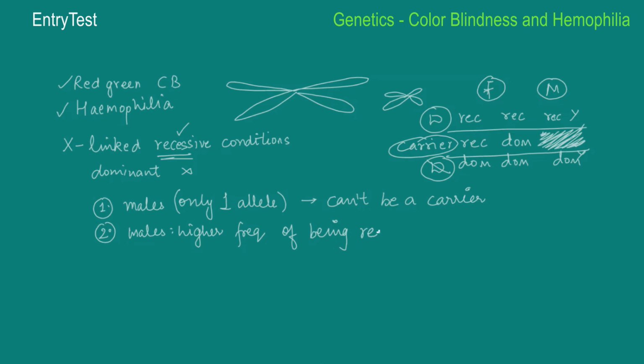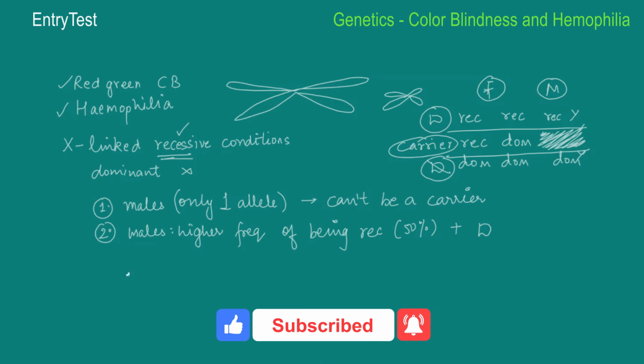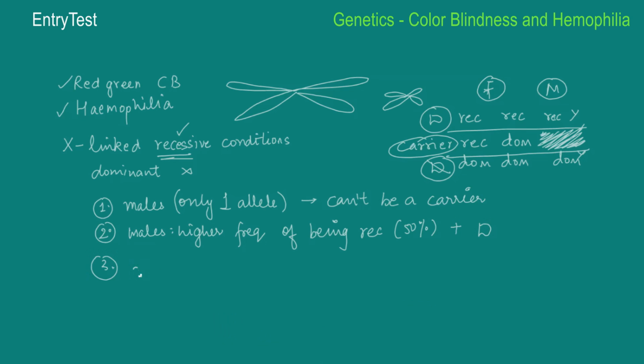So there is a 50% chance of being recessive and 50% chance of being dominant, and they have a higher frequency of being recessive and having the disease. The third important thing you need to know is that males always inherit this kind of condition from the mother.